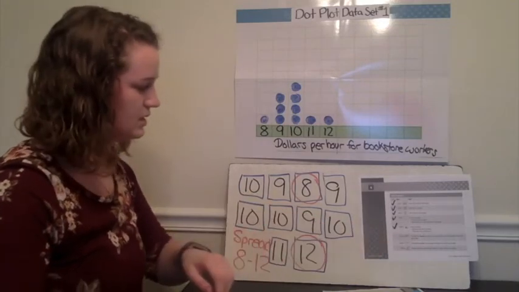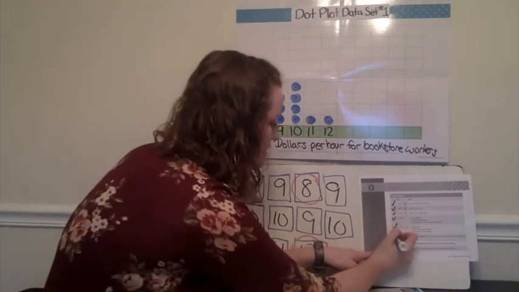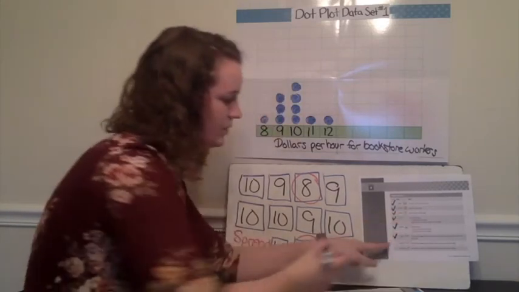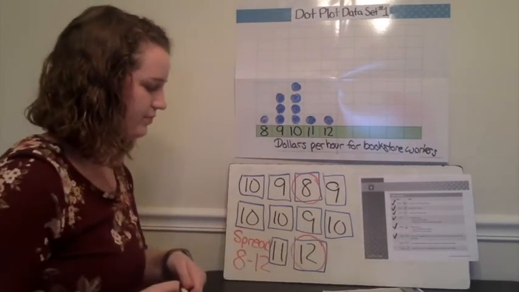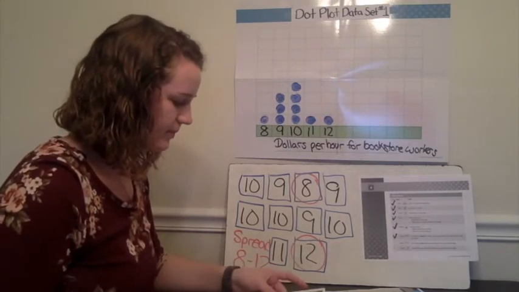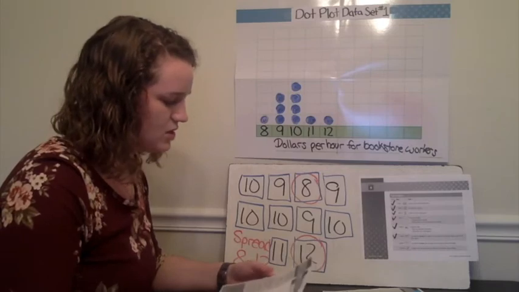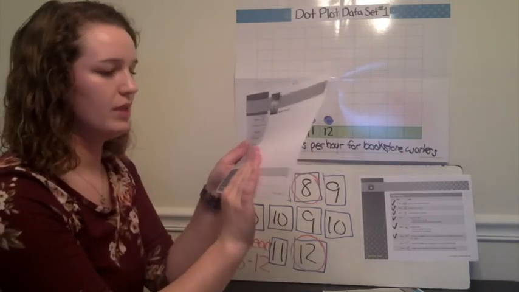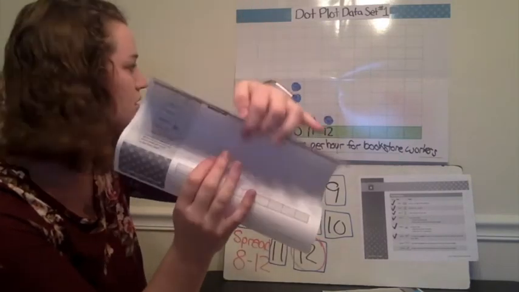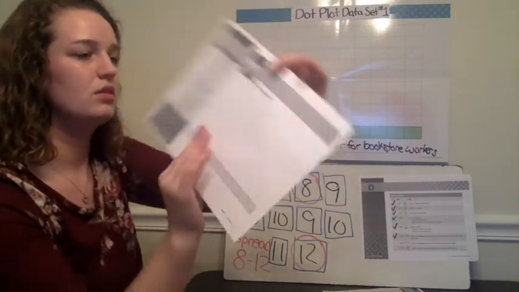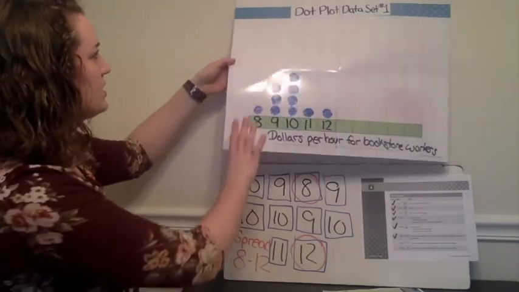That was step 6. Missed that one. Step 6. So we can check that one off. Okay, so you should have this paper out, page 17. I'm going to flip this over as you guys do that.